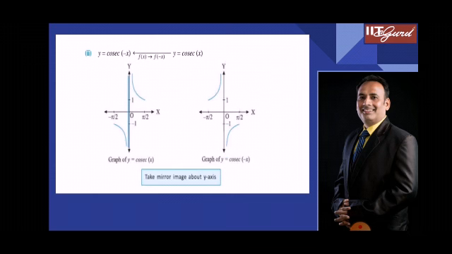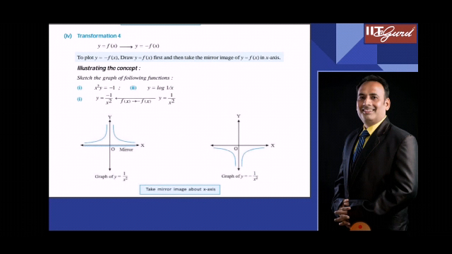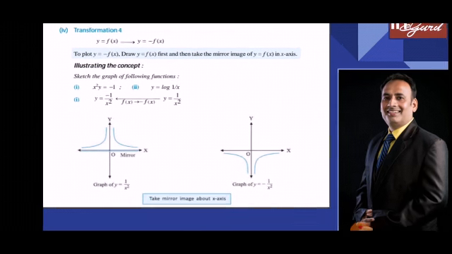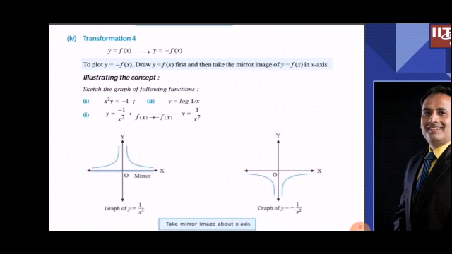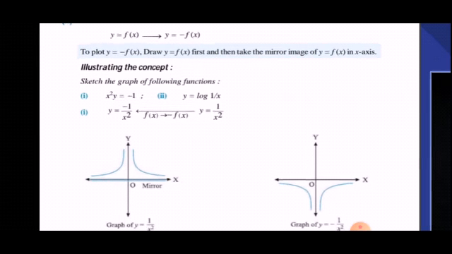Now, as three transformations we have already completed, in this lecture we will go for transformation 4. Let's start. In transformation 4, we will learn how to plot the graph of y equal to minus f of x.